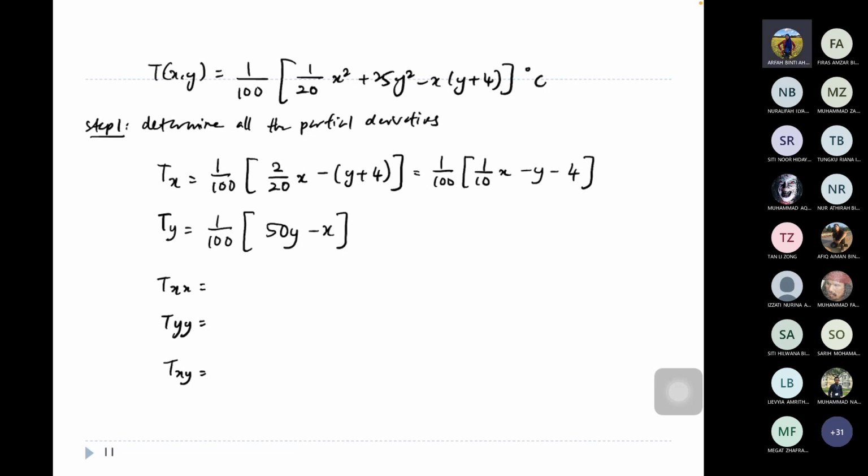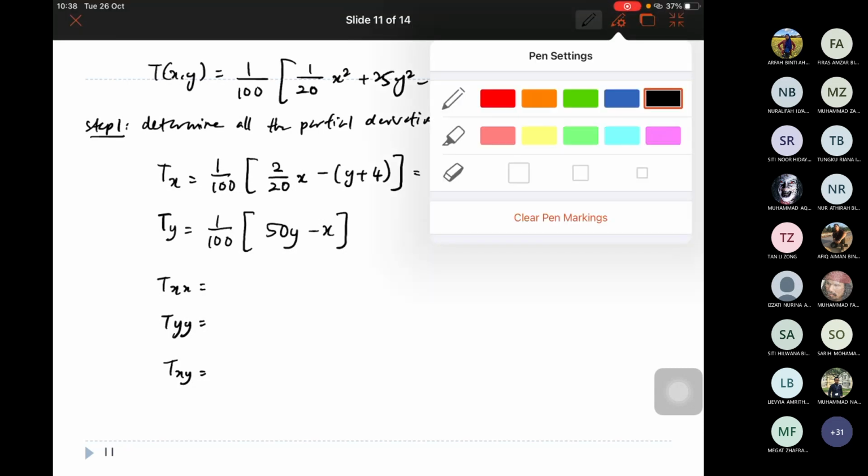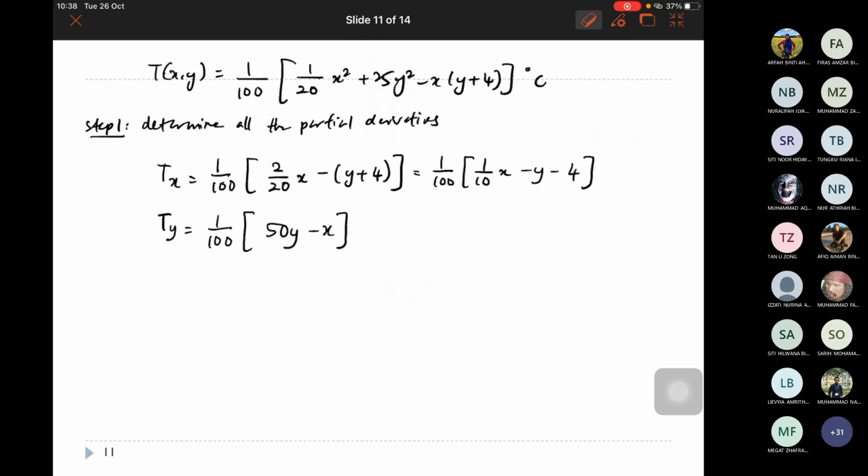Cuba dapatkan second order derivative for all of the given function. Txx, Txy, Tyy.